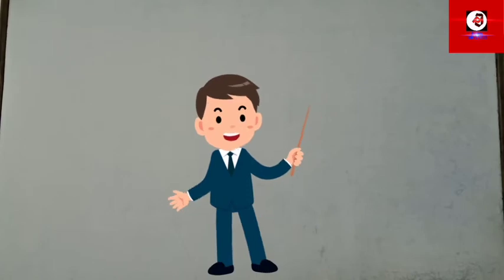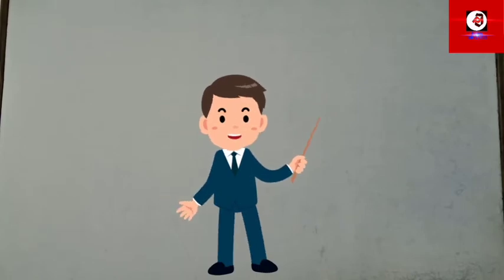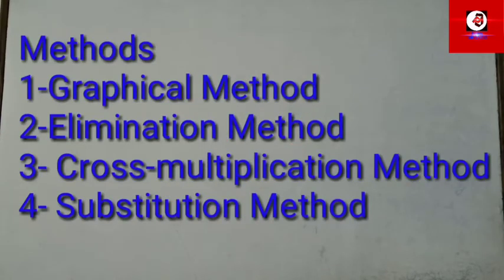First, I want to tell you something about the methods. In this chapter we will study 4 types of method. First is graphical method, second elimination method, third cross multiplication method, and the last substitution method.